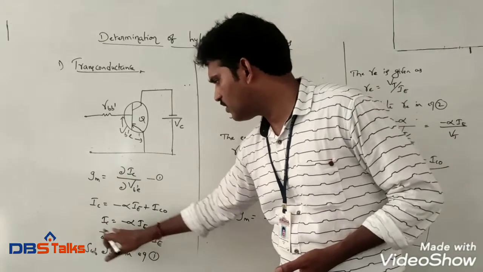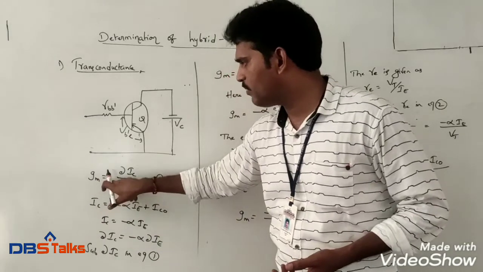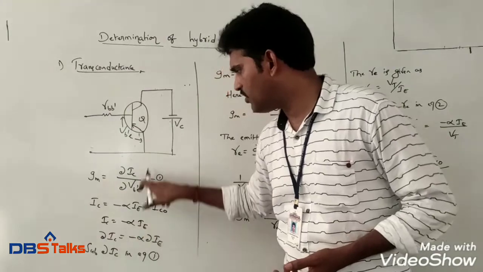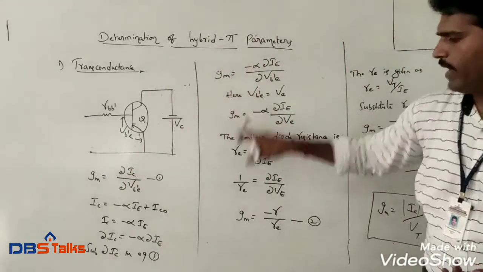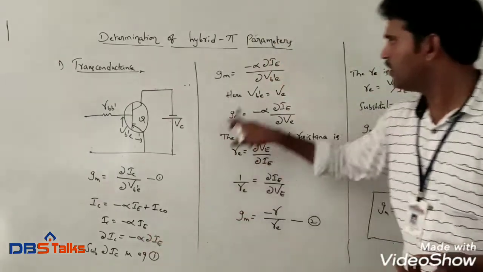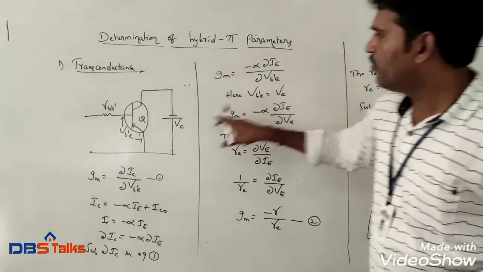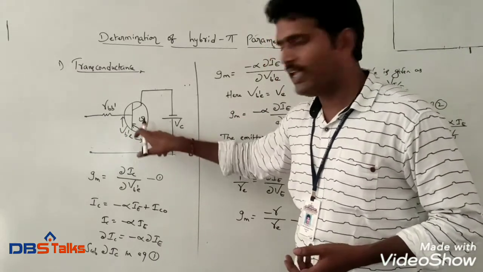Substitute this dou IC in equation 1, that is gm equals dou IC by dou VB'E. Then you will get gm equals minus alpha dou IE by dou VB'E. Here VB' is nothing but the emitter voltage VE, since we are not having any emitter resistance.